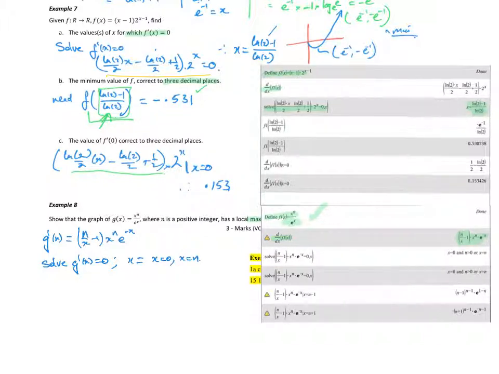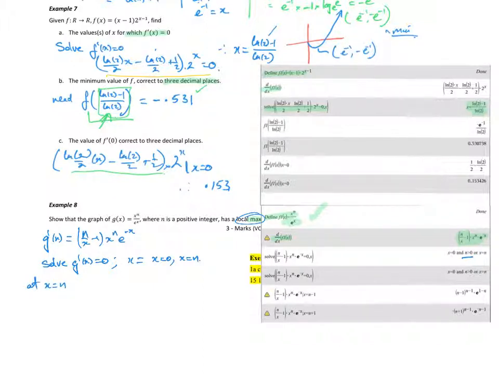Okay, so I've got two stationary points there, and n is a positive integer, which we were told. So it's told us to work on the local max at x equal to n.